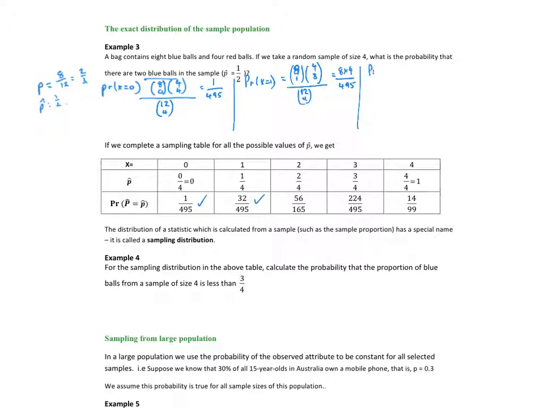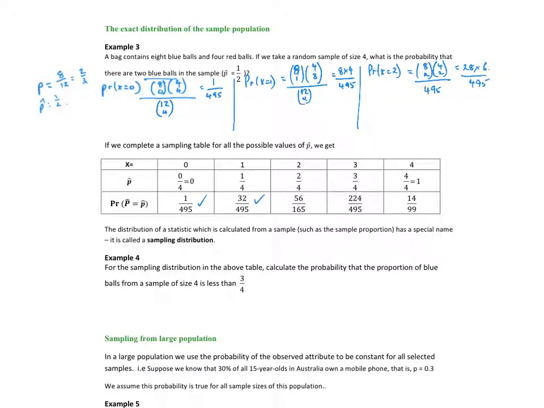The probability of x equaling 2: from the 8 blue balls, I'll pick 2, and from the 4 red, I'm going to pick 2, and I now know it's all over 495. So 8C2 is 8 times 7 divided by 2, which is 28, times 6 over 495.